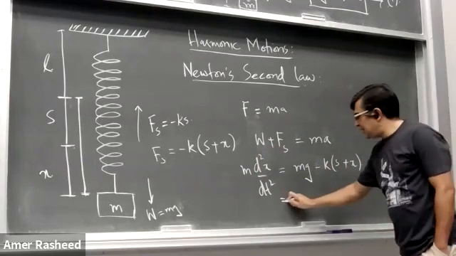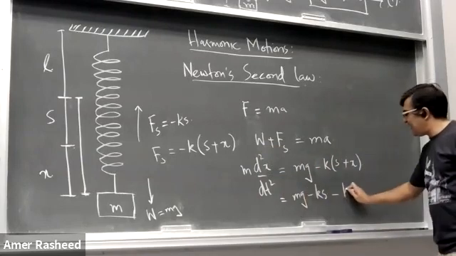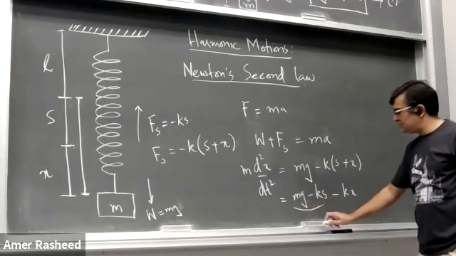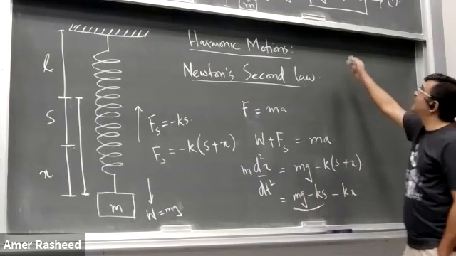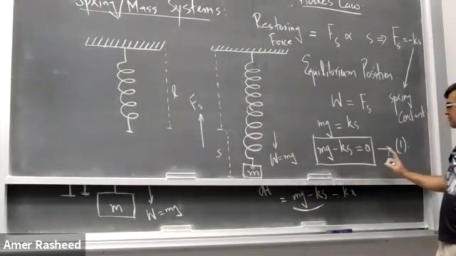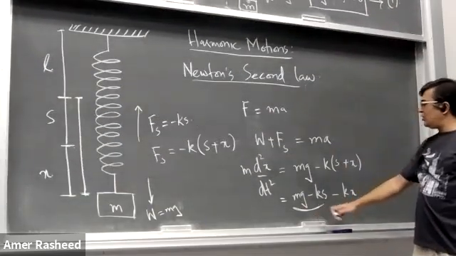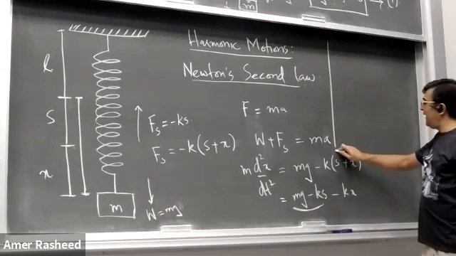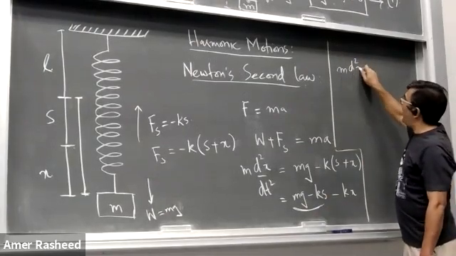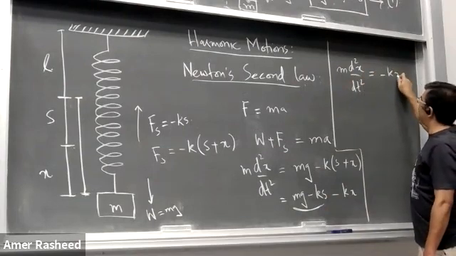Now, we can further write mg minus Ks minus Kx. By using equation 1, mg minus Ks is equal to 0. So we put this equal to 0, and then we obtain that m d square x by dt square is equal to negative K times x.